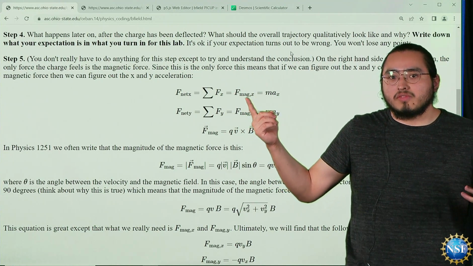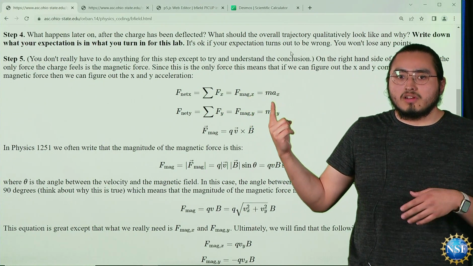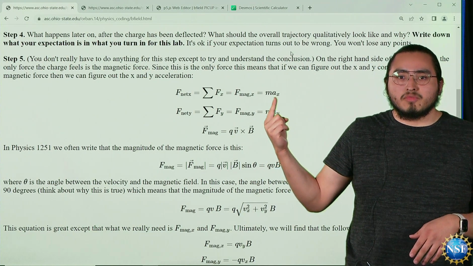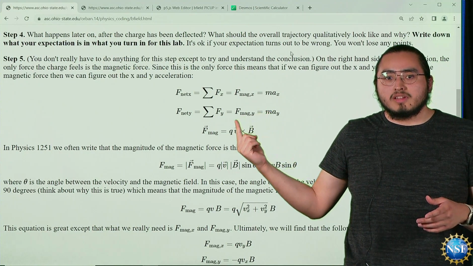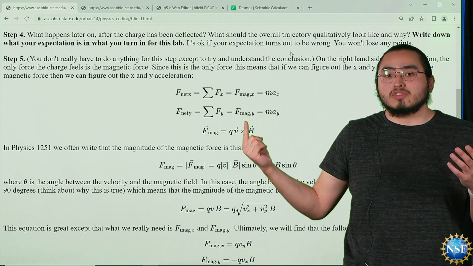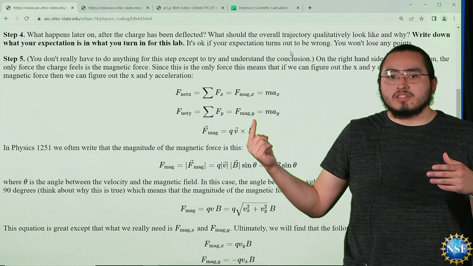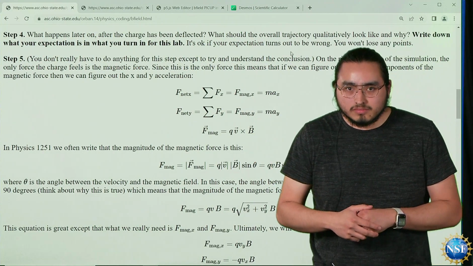Thanks to Newton's second law, it's equal to mass times acceleration in the x direction. Similarly for y, the force of the magnetic field in the y direction is equal to the mass times the acceleration in the y direction.